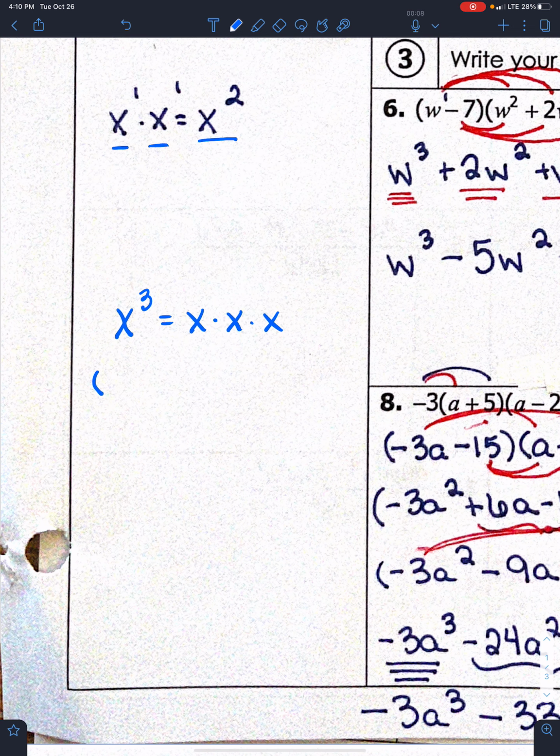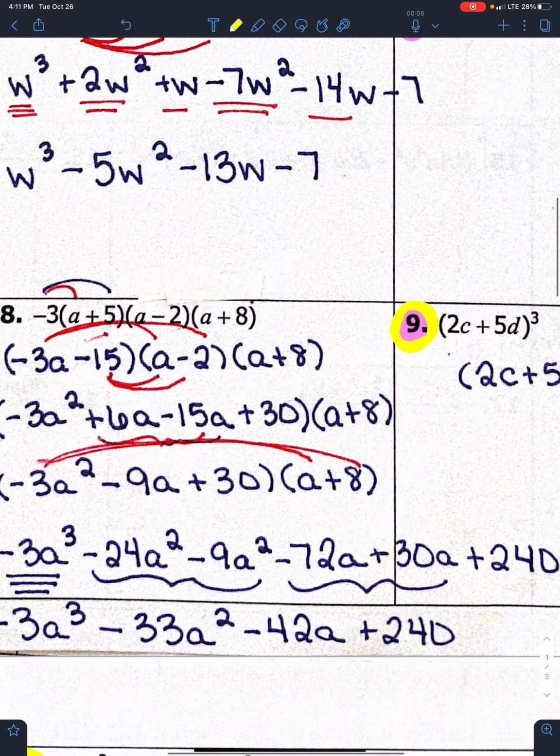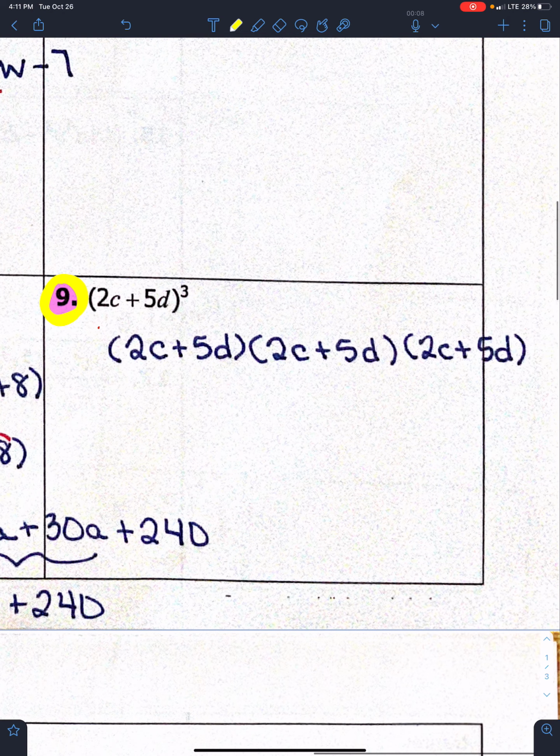That would be the same thing as parentheses times parentheses times parentheses, and whatever happens to be inside those parentheses would remain there. So when you're looking at number 9, where you have 2c plus 5d inside parentheses cubed, that is just writing it out 3 times. We have 3 copies of that exact same thing.